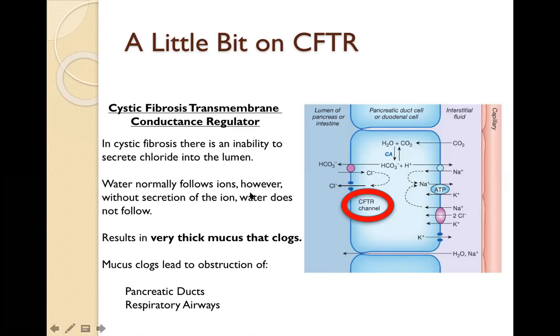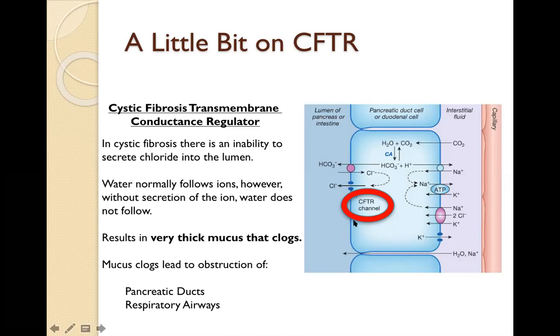Normally, when this particular ion channel is working, where there's an ion that goes out of the cell, water will generally follow. And it keeps things well hydrated. This occurs in the pancreatic duct.